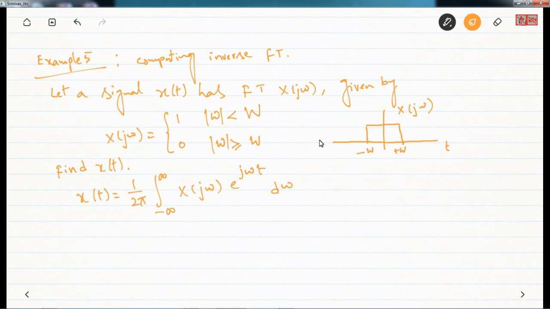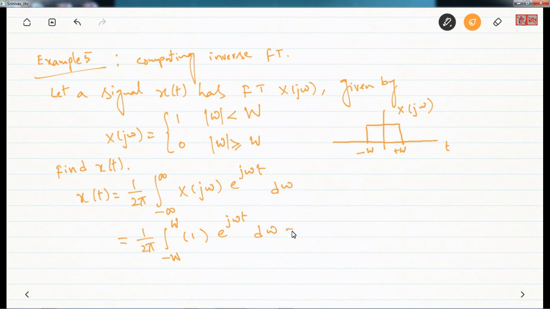This kind of integral we already did 2-3 times till now. So this becomes 1 over 2 pi, integral from minus W to plus W, of 1 times e power j omega t d omega.